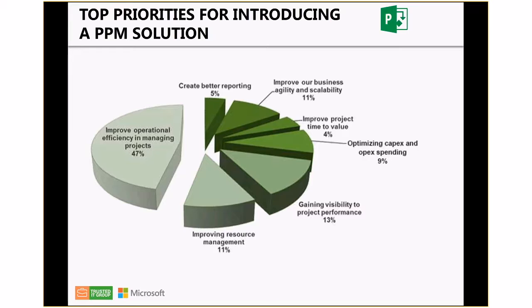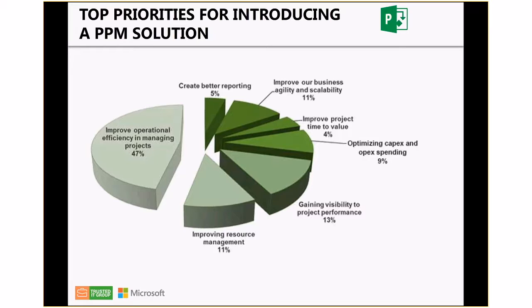They said, what are the top priorities for introducing a PPM solution? Let's forget about Microsoft PPM. This could be any PPM solution, because believe it or not, there are a lot of large organizations out there that don't have a PPM solution in place. And there could be a lot of reasons why, organizational culture or something like that.